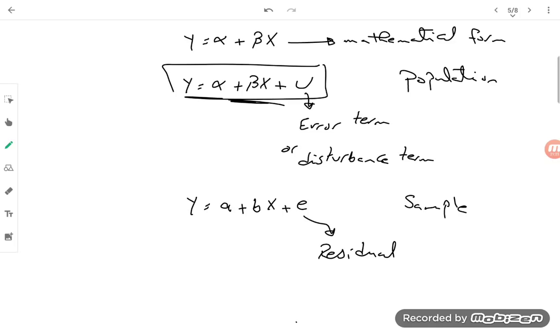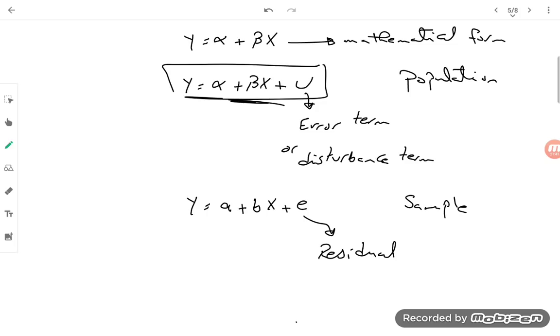Now we are going to use the collected data in order to find the value of A and B, or to estimate the model. Later on, we are going to talk about how to estimate the model using numbers and equations, but for now, I would just like you to understand the steps.